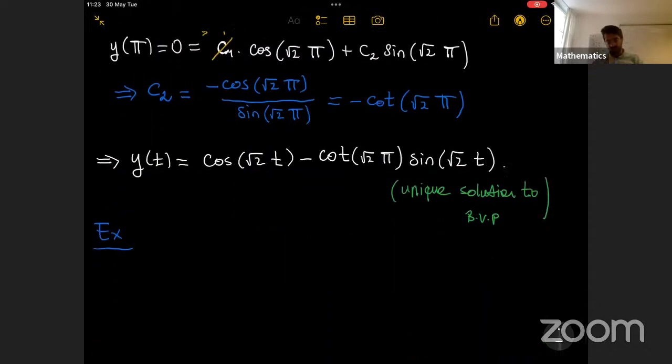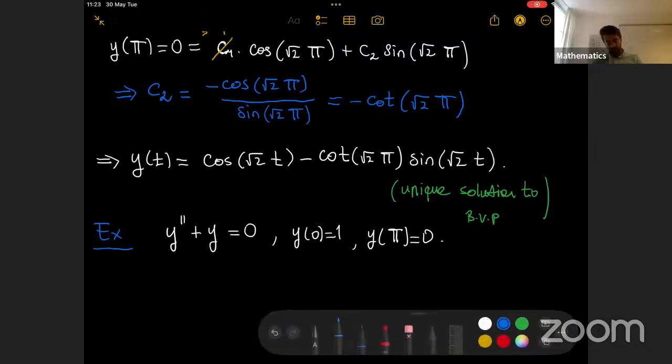Now the boundary value problem is y double prime plus y is equal to 0, y(0) is equal to 1, y(pi) is equal to 0. It looks like the previous one, but now instead of 2y we have y in the equation.